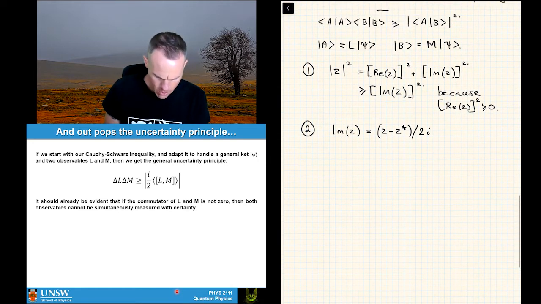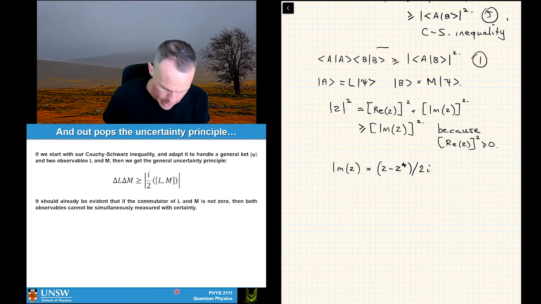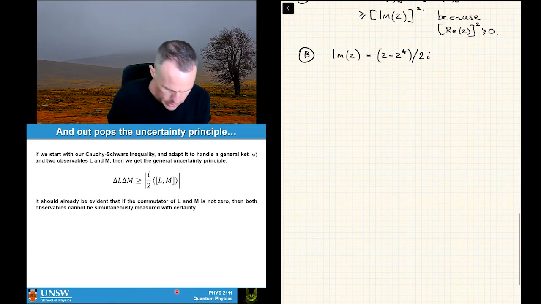So let's now go back to our Cauchy-Schwarz inequality, which I'll call equation 1. And so let me just rename these things as A and B so we don't get tangled up in what we're referring to here, okay? So we're going to start from 1.